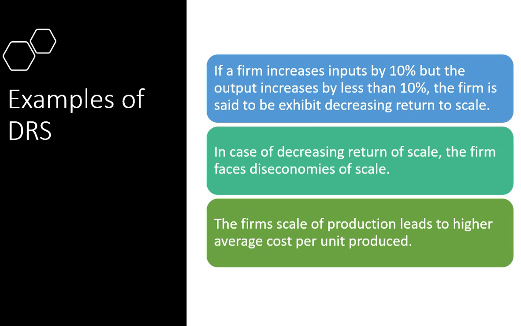It means that its cost increases when it increases its output. The firm's scale of production leads to a higher average cost per unit produced. As I have mentioned earlier, this is the second name of this law, that your cost increases, and we also call it the law of increasing cost.